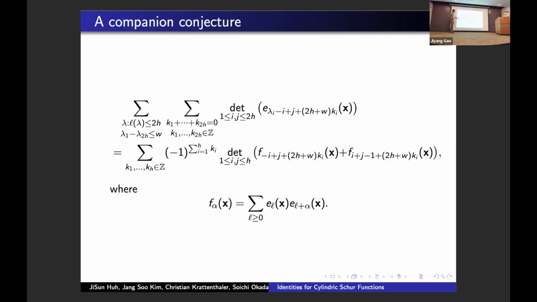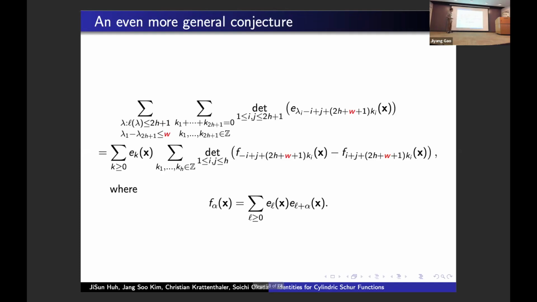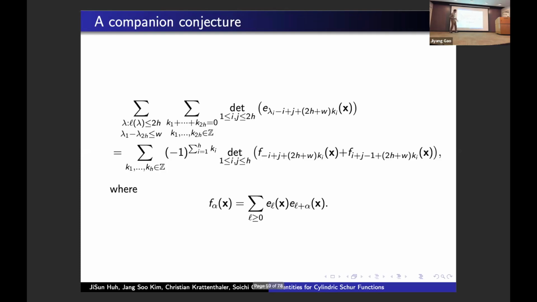And then the right-hand side is also a bit different. You see here is the minus. Then for the companion identity, you have a plus. And actually, this is what I put into the computer first. And that did not work until I observed that I had to put in the sign.